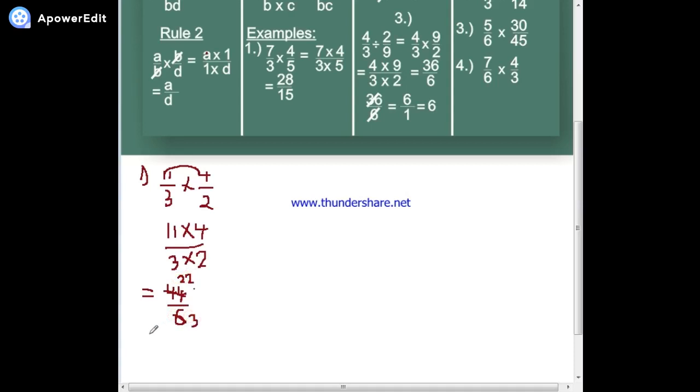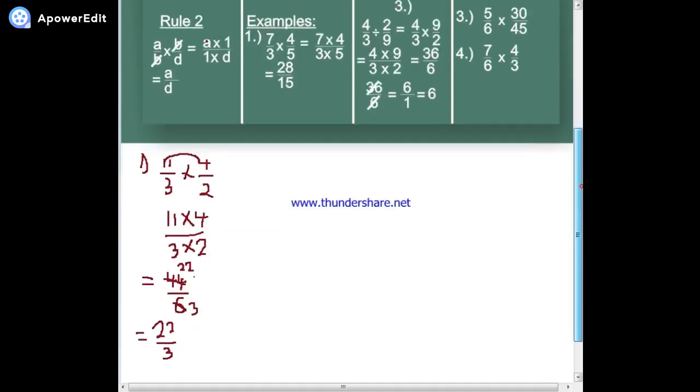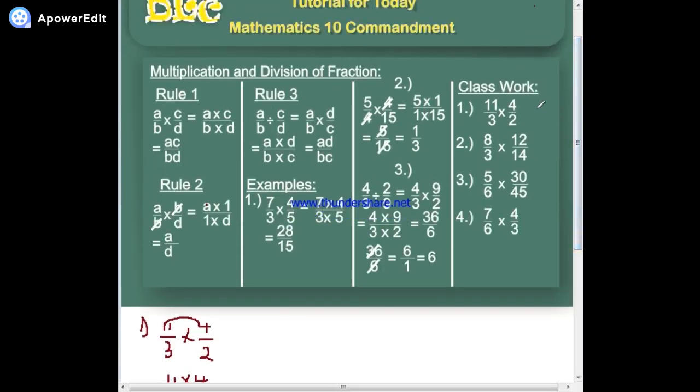So our final answer is 22 over 3, that is our final answer for question 1.